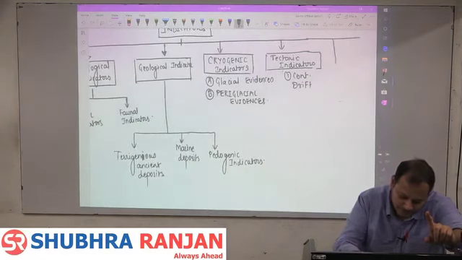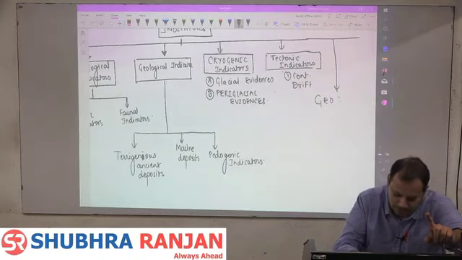Next are geomorphological indicators. It is very different from geological.